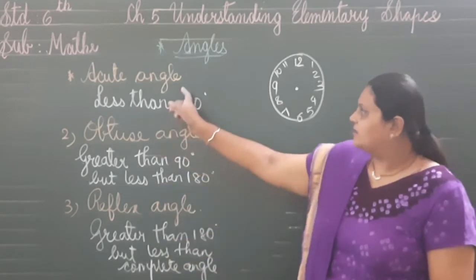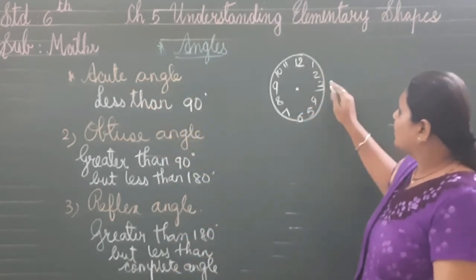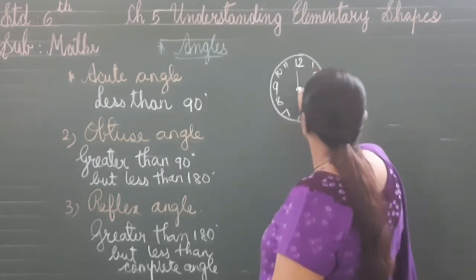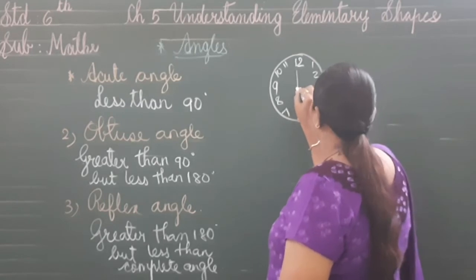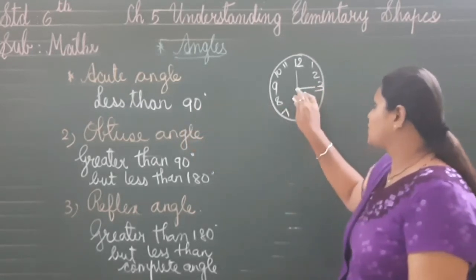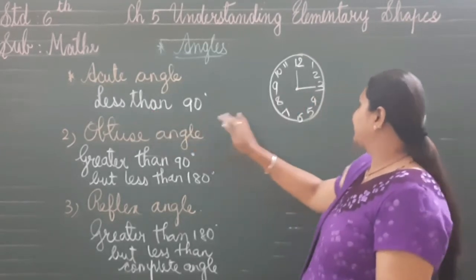Let us see the angles. First, acute angle. Now in a clock, whenever we want to see a right angle, the position of the clock is like this. Acute angle means less than 90 degrees.